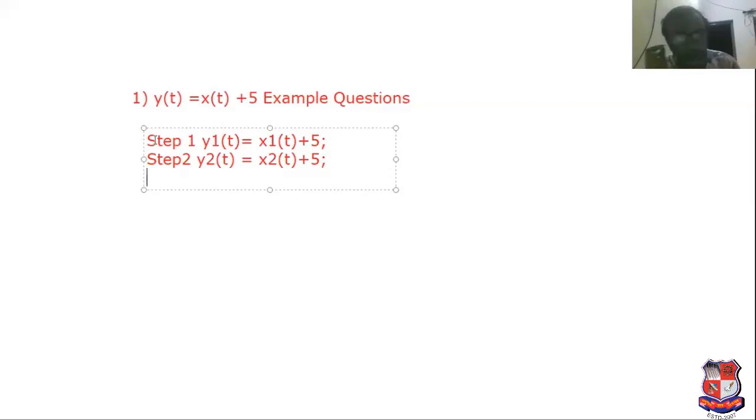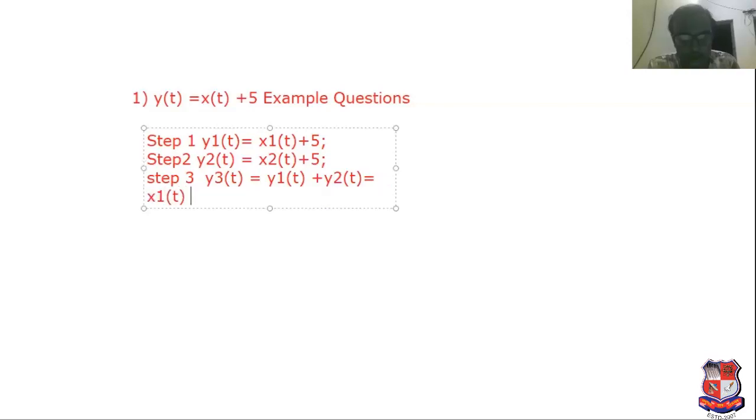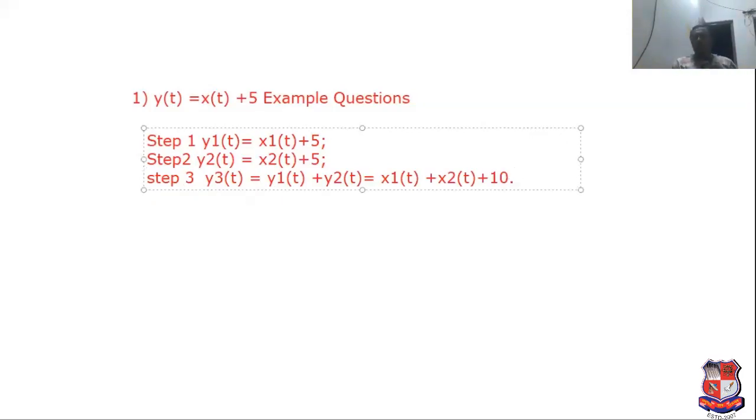Now, what is the third input? Step 3, y3 of t equals y1 of t plus y2 of t, which equals x1 of t plus x2 of t plus 10. See this, this is y3 of t.